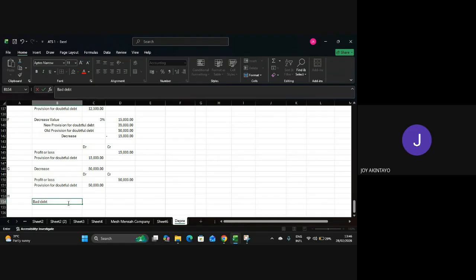So what do we do? We debit our bad debts account with 80,000 cedis. Then we credit our trade receivables account. This is not a provision. We just credit our trade receivables accounts.